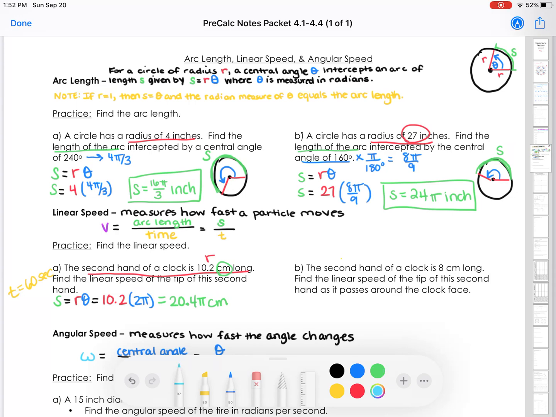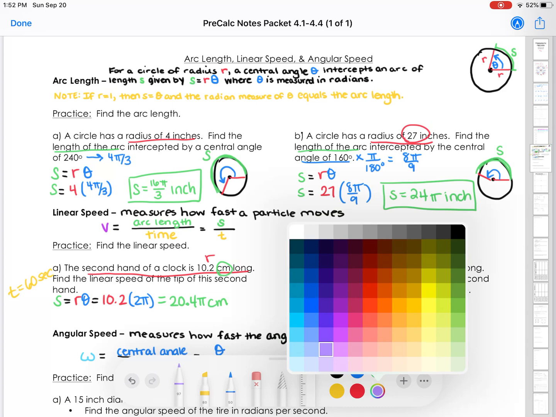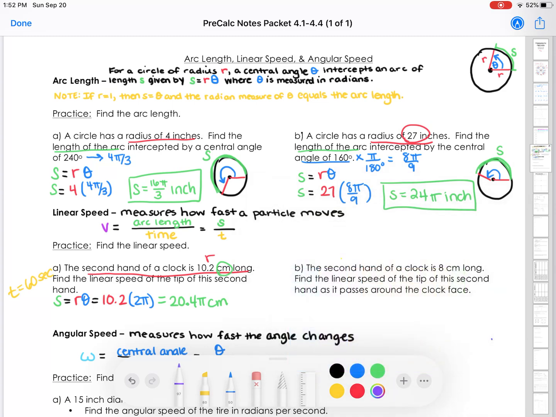So lastly, we need to figure out our linear speed. So our linear speed, or our velocity, is going to equal, we said, S over T. So we're just going to put in the information we know. We just said that S was 20.4 pi centimeters, and that time was 60 seconds.